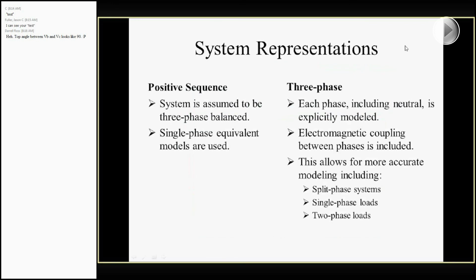So system representations, there's two different ways to kind of look at power flow. One of these is known as positive sequence, and basically what that is, under the assumption that the system is balanced, you can collapse it down into a single phase equivalent. So instead of having to solve the A, B, and C phases explicitly, you basically just solve the entire model off of the A phase.